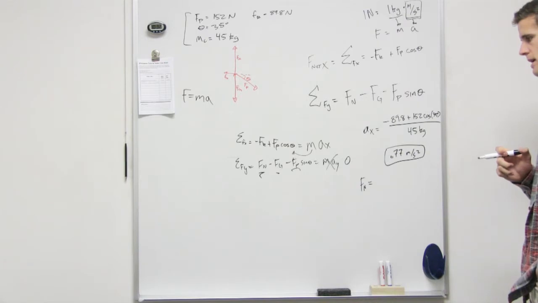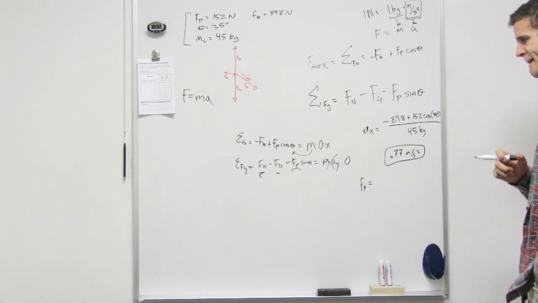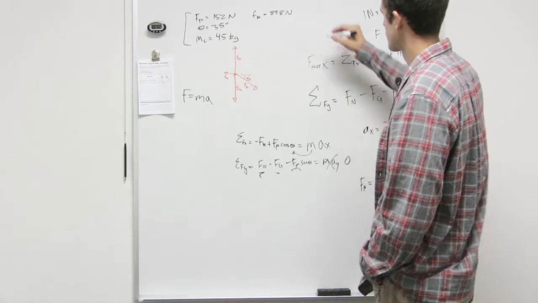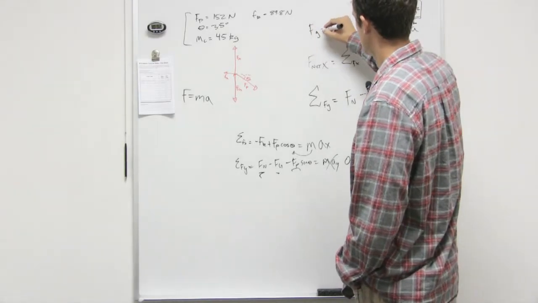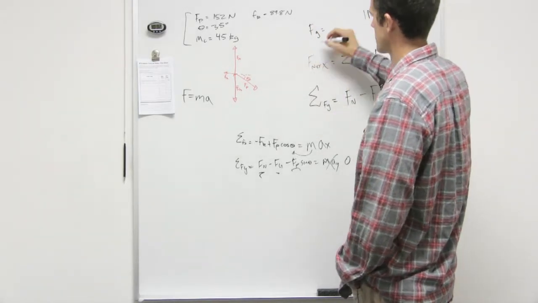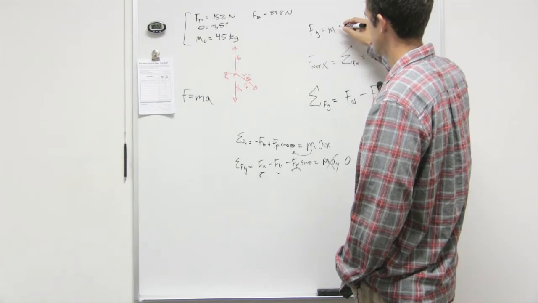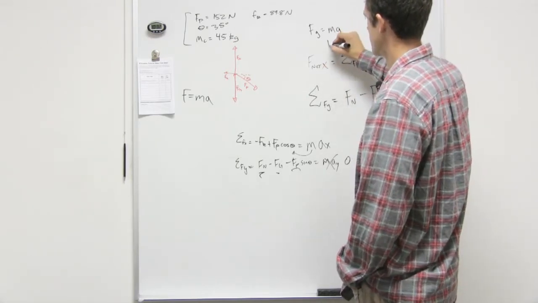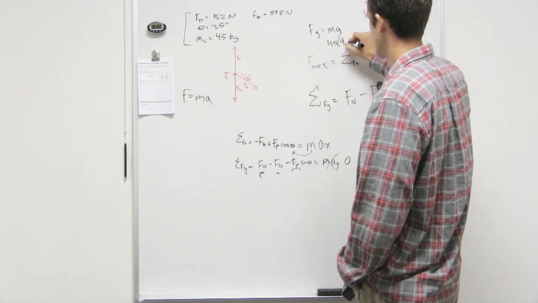So, force of gravity is just the mass. Yeah, force of gravity is your mass times acceleration, where the acceleration is gravity. So it's mg. So this would be 45 times 9.8.